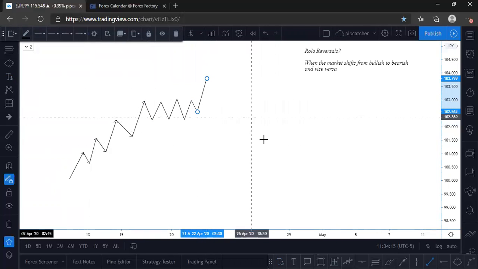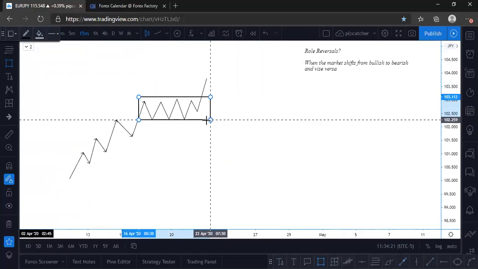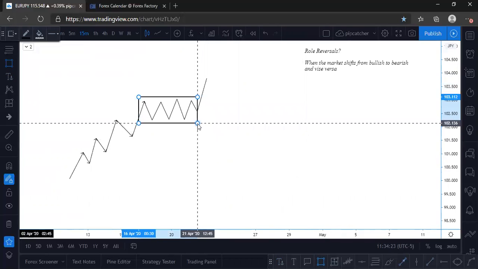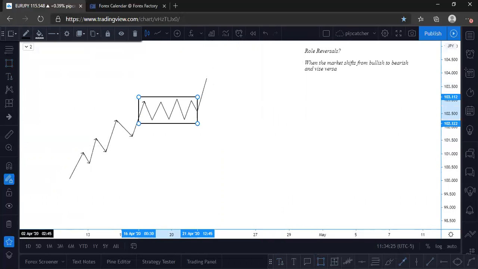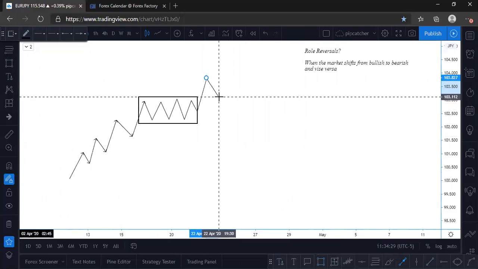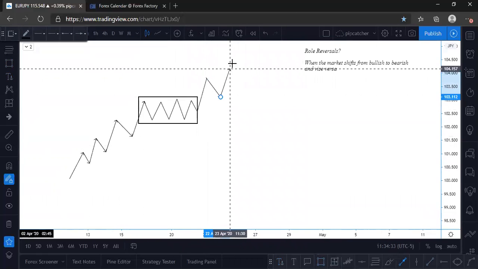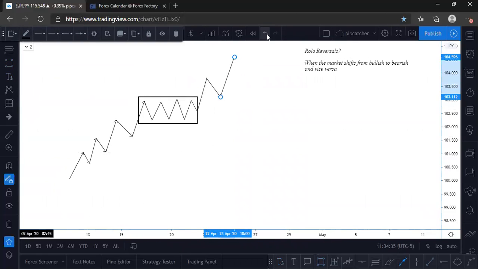Now, what most traders would see in this break right here of this structure is a continuation again. So they would want to break that high and retest off like that.